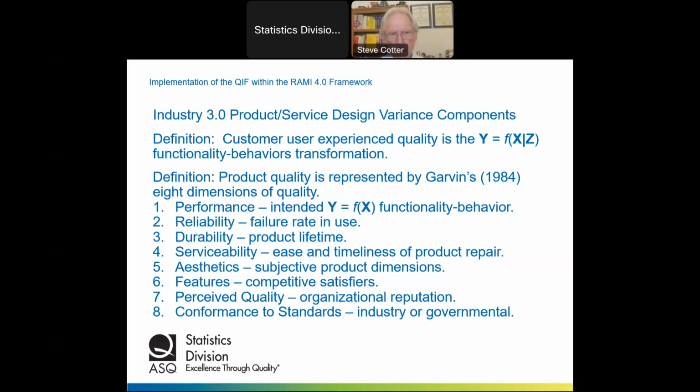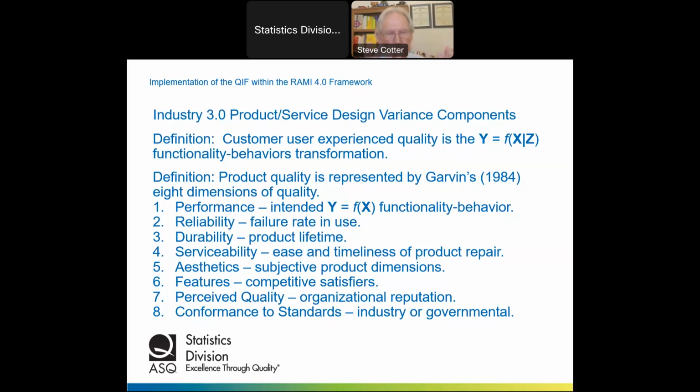Those dimensions are performance. This is the intended y equals f of x functionality behavior. That is what we seek to design and seek to deliver. I use the term functionality to differentiate what we can control as designers, in terms of what the end product actually does, versus behavior, what it does in use in the customer's environment.